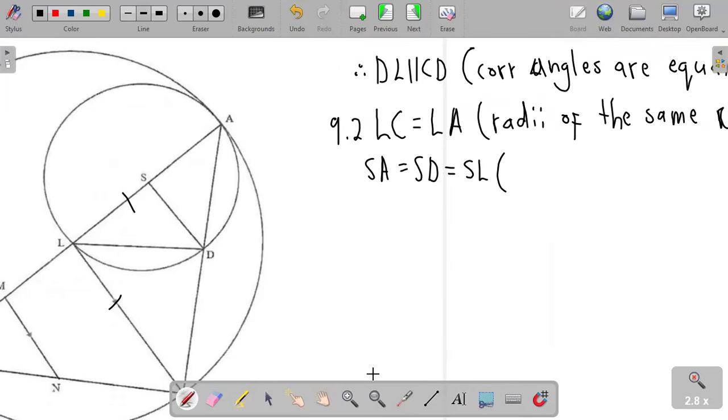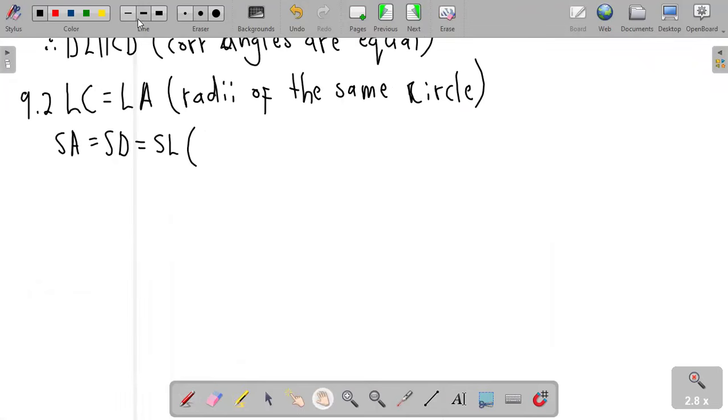Again, the reason is the same: radii of the same circle.